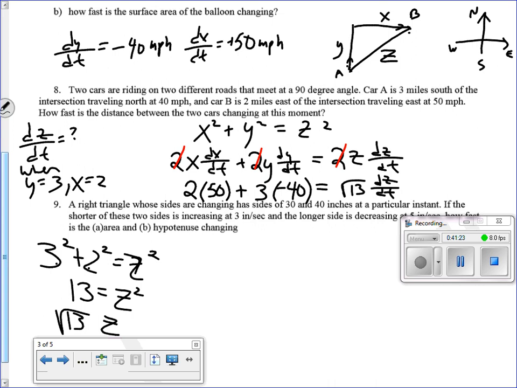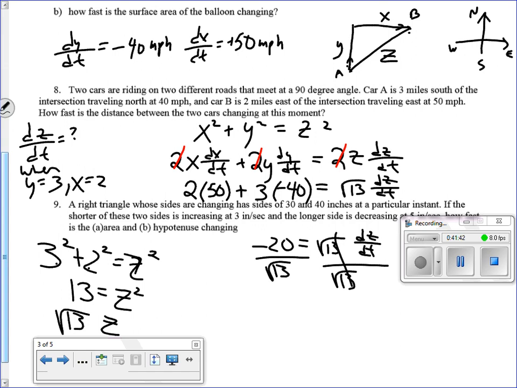So now, if we add up, we have 100 minus 120, so that would be negative 20 equals root 13 dz/dt. Divide by the root 13. We've got our dz/dt, and that's going to be in miles per hour.